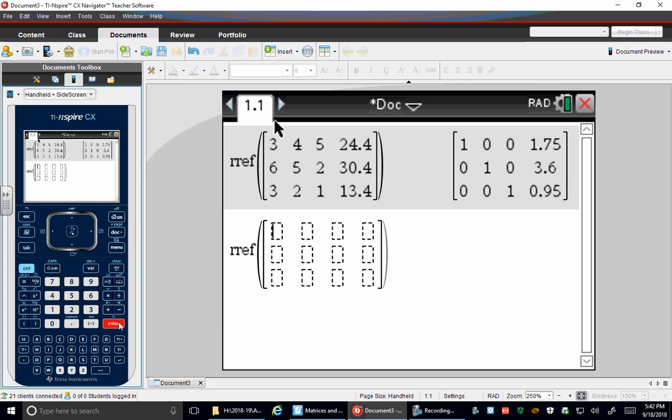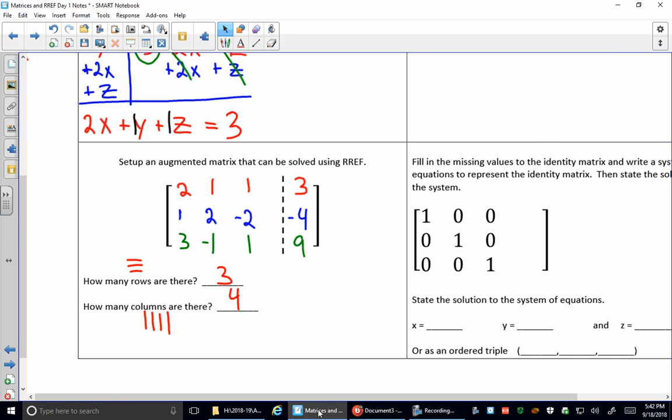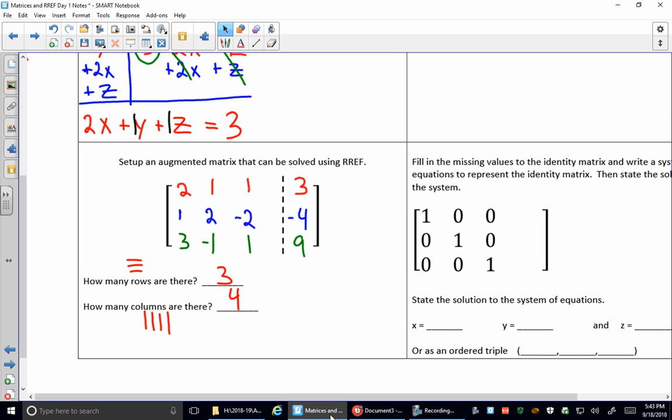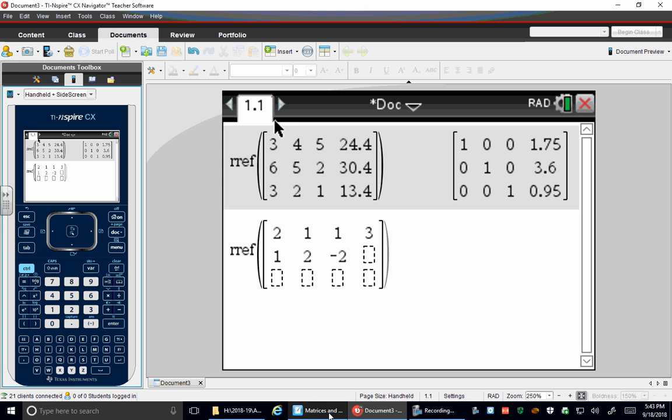So now we can go set that up. 2, 1, 1, 3. And remember, tab is how I'm moving between the table. Tab. Okay, so 1, 2, -2, I forgot the other number, and -4.